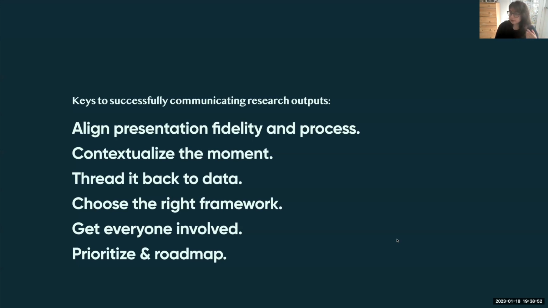We might want to note that, but we don't want to belabor the point if we know that we don't live in a reality where this insight is going to be able to be addressed. So making sure that we are living in the project timeline and not just our research bubble, as much as I love my research bubble.